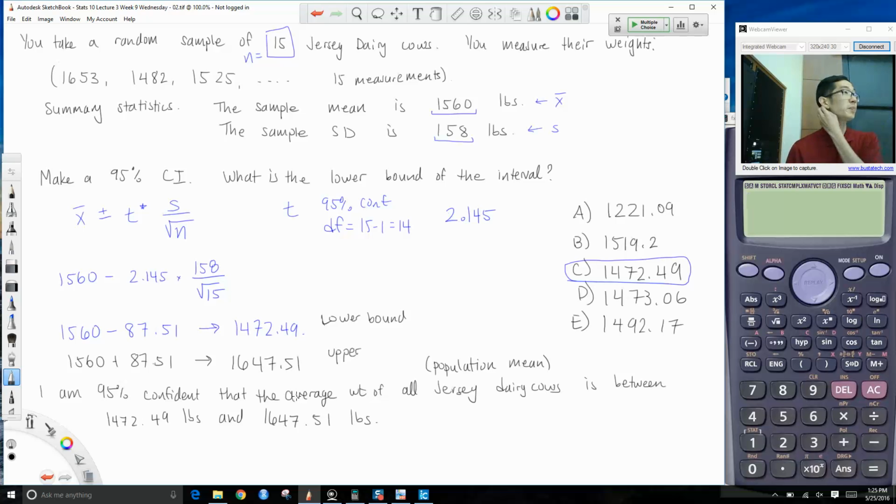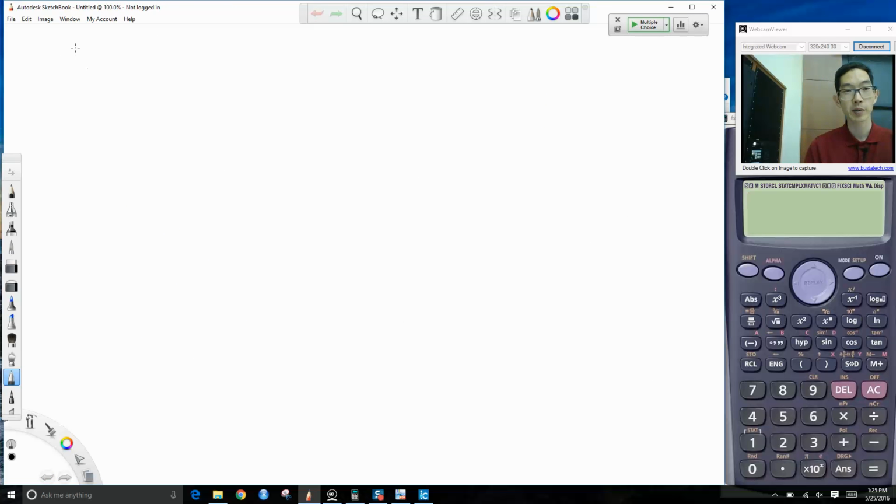Is that okay? All right, so just to make sure, this is kind of the same type of stuff we had before. So we have 1472.49 to 1647.51. Okay, so this is our 95% confidence interval for mu.